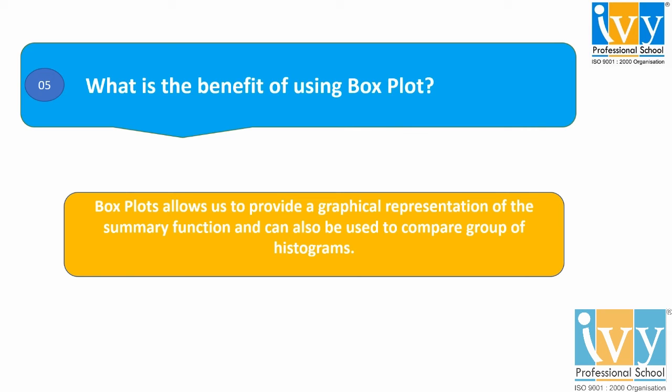It can summarize variation in a large data set. A box plot helps us to show the outliers. A box plot can compare multiple distributions. And lastly, a box plot indicates symmetry and skewness to a degree. This is all about the benefits and advantages of using a box plot.